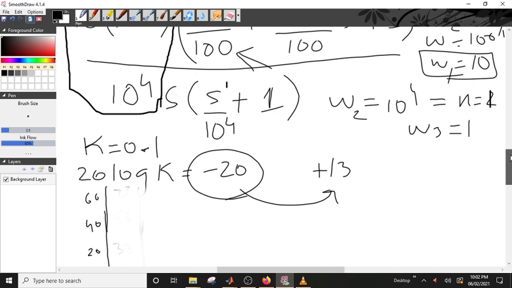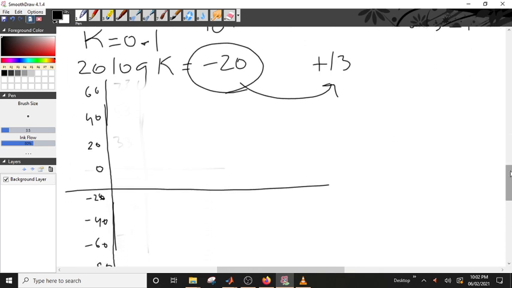First we have to draw the x-axis. Here let's say it's 1, then 10, then 100, then 1000, then 10 power 4, 10 power 5, right? So we have included all the break frequencies.